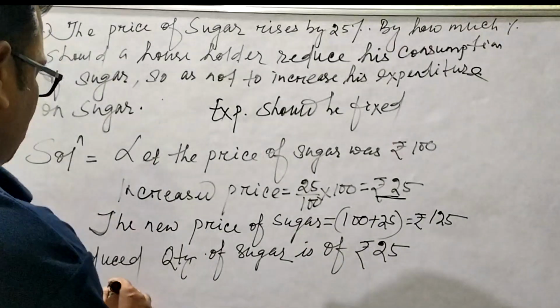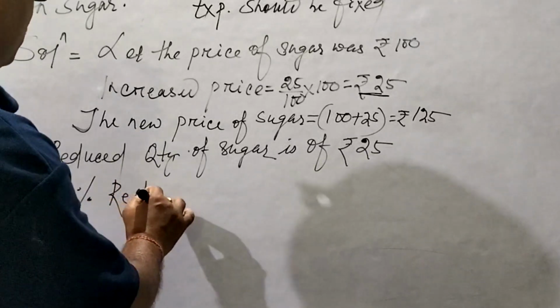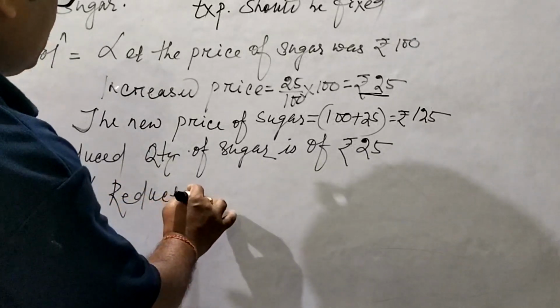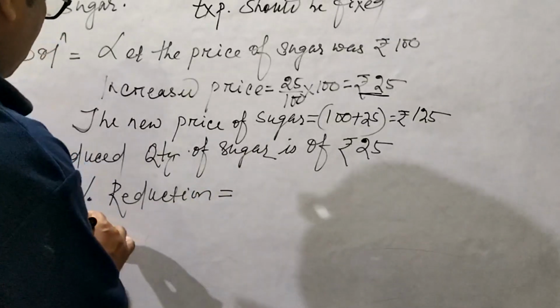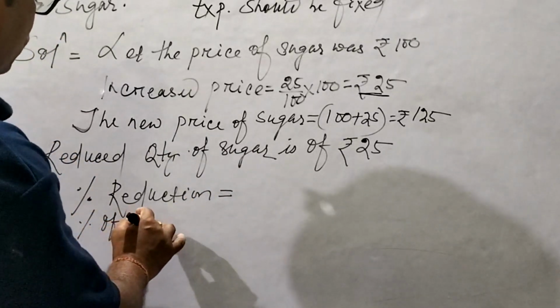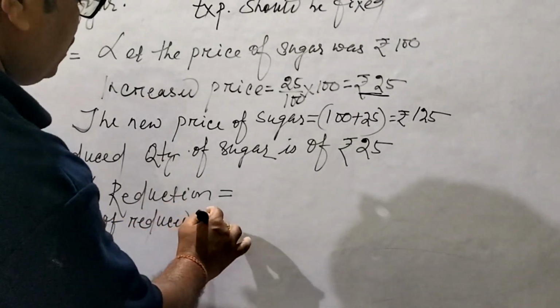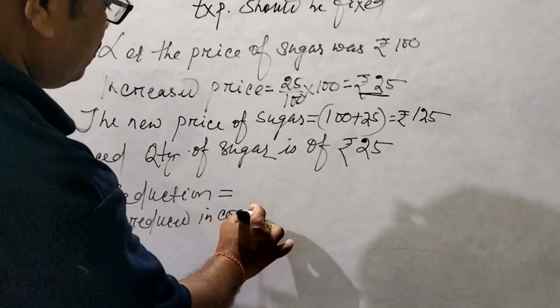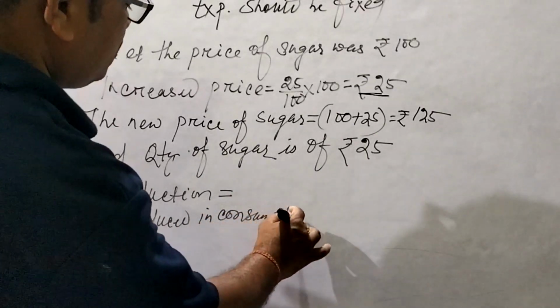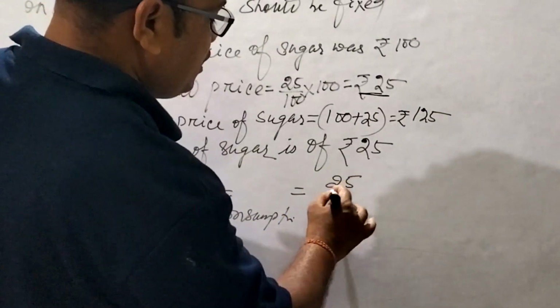Then the percentage of reduction in consumption would be the reduced price, 25 out of how much?